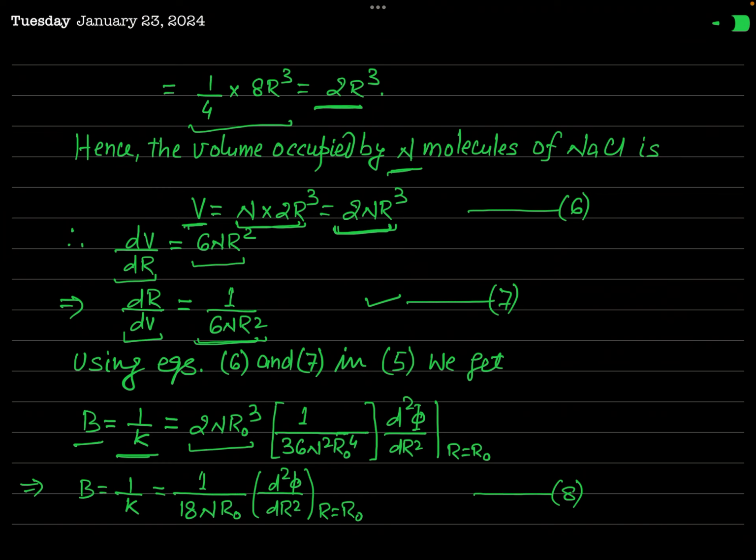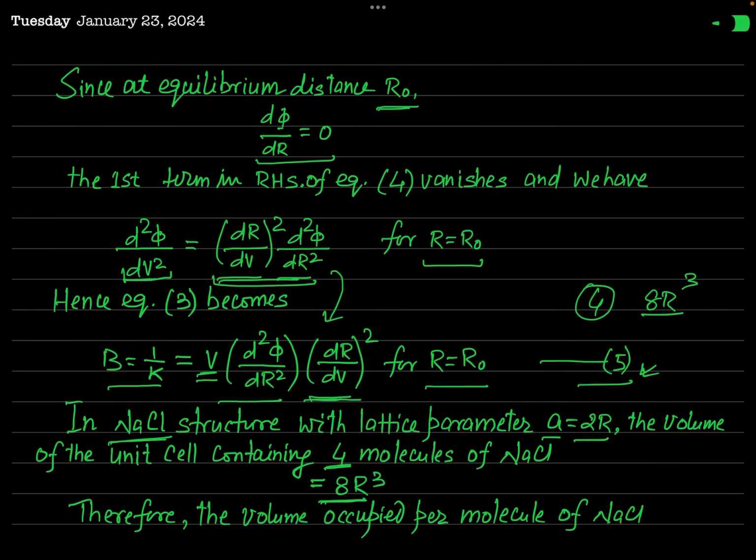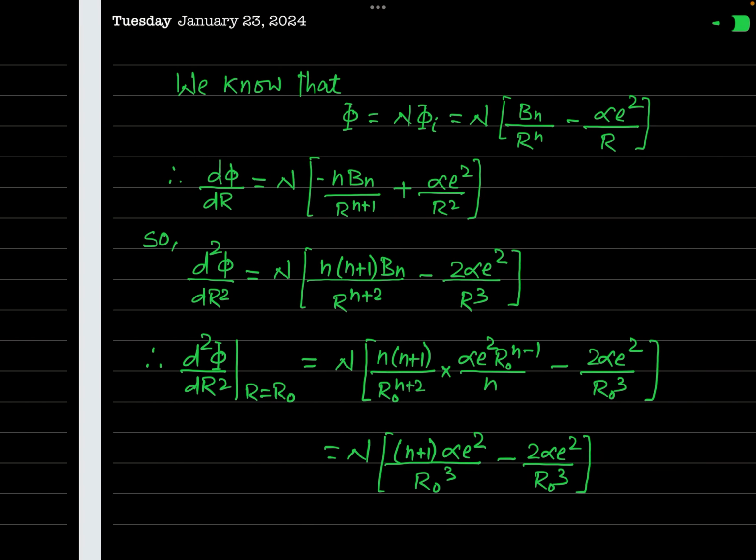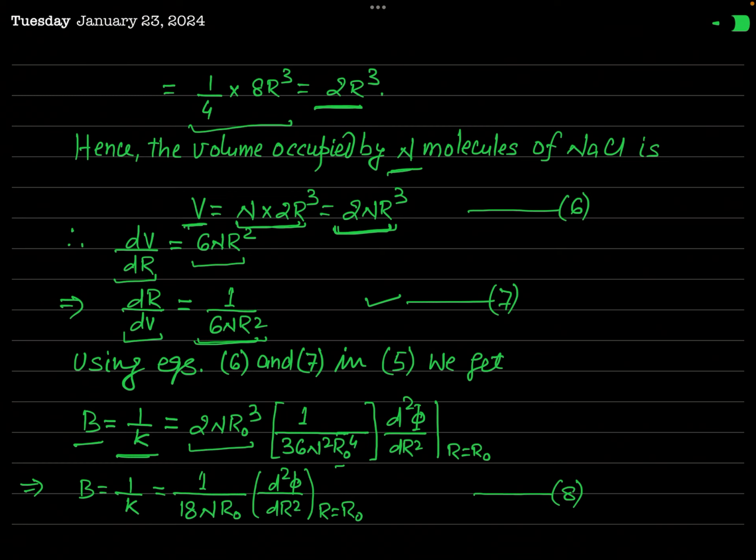So when you square it, this will be 36n square R4, but R will be replaced by R naught. So this is 36n square R naught, and times d2 phi by dr square, but at R equal to R naught. Okay, now let us simplify it.